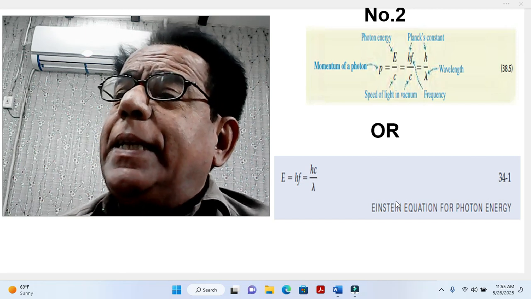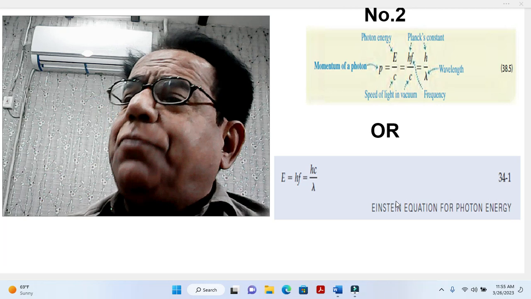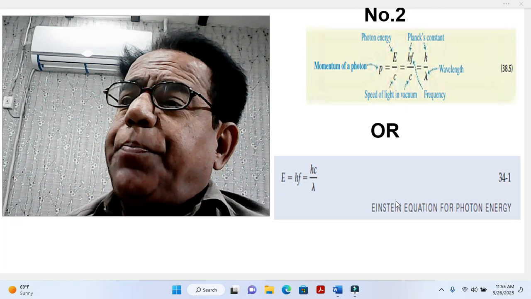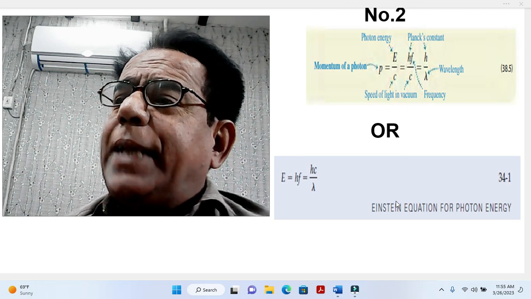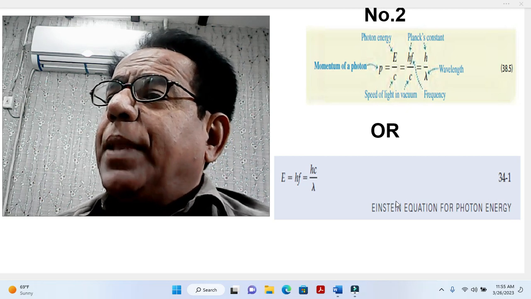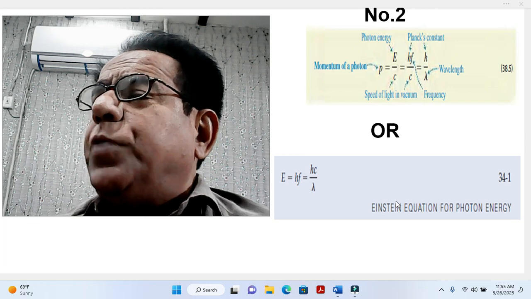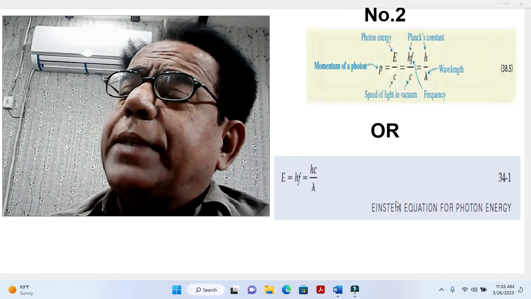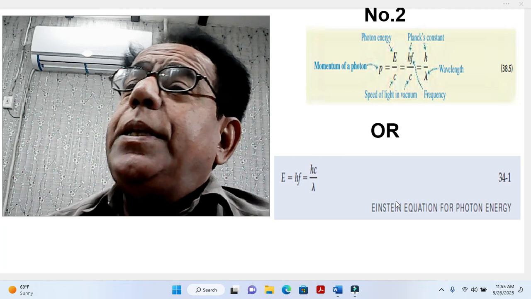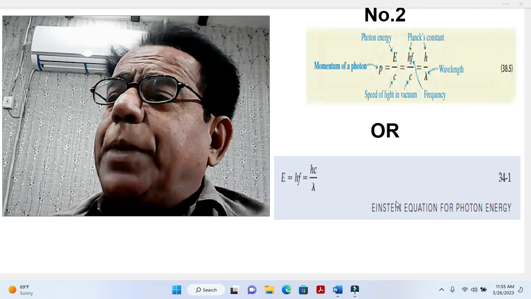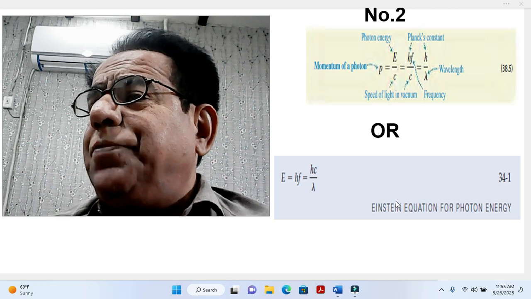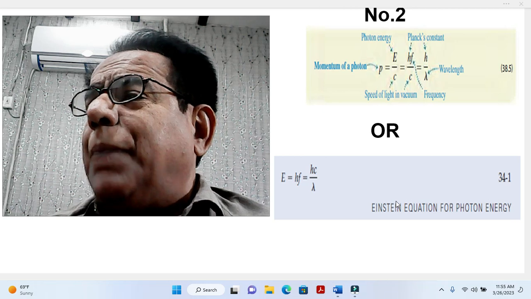This is equivalently equal to HF over C. And this is alternatively equal to H over lambda, because frequency and wavelength are inversely proportional to each other with the involvement of speed of light. That is F is equal to C over lambda, lambda is equal to C over F.